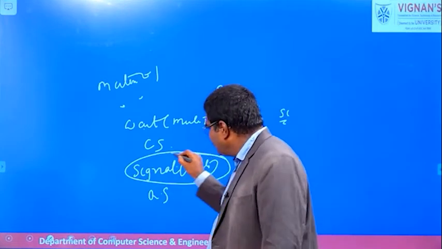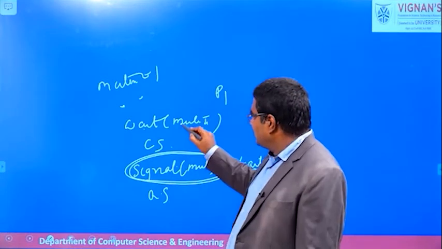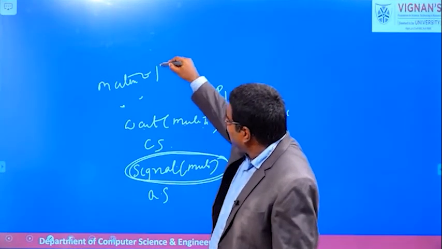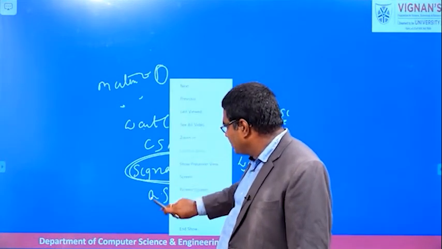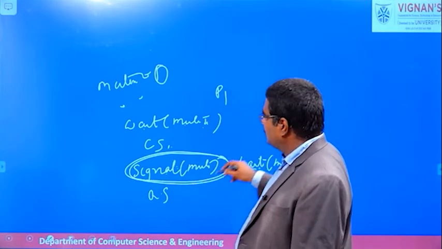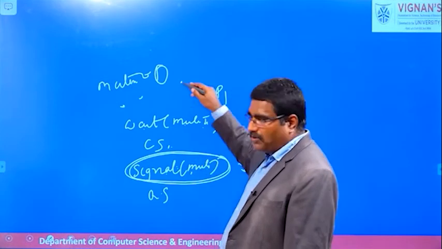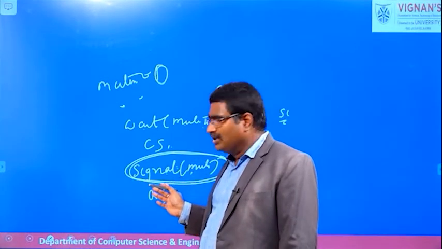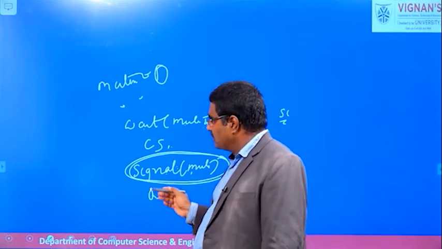If the programmer replaces the signal function with the wait function, then at the time of the wait function this mutex is set to 0 and it enters into the critical section. Generally it needs to call the signal function, but instead of the signal he replaces it with the wait function. So it stays in the while loop, busy waiting. So there is a possibility of starvation. If it is not properly used, then automatically we get the problem.